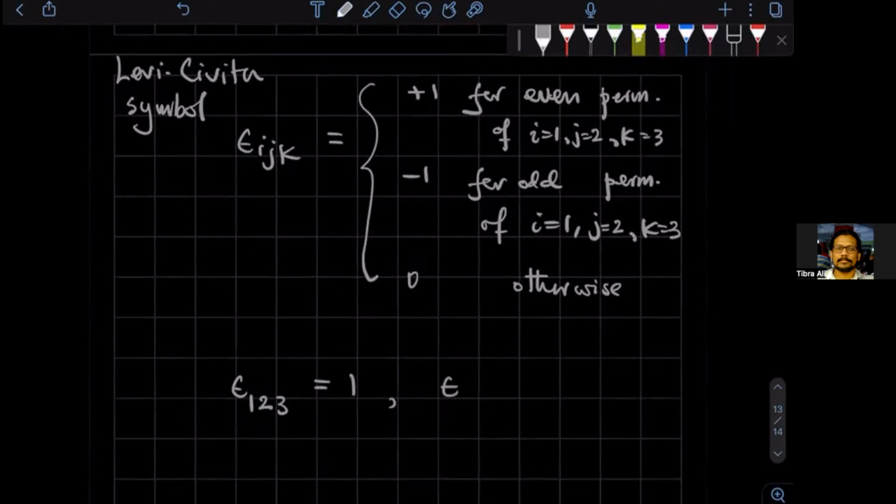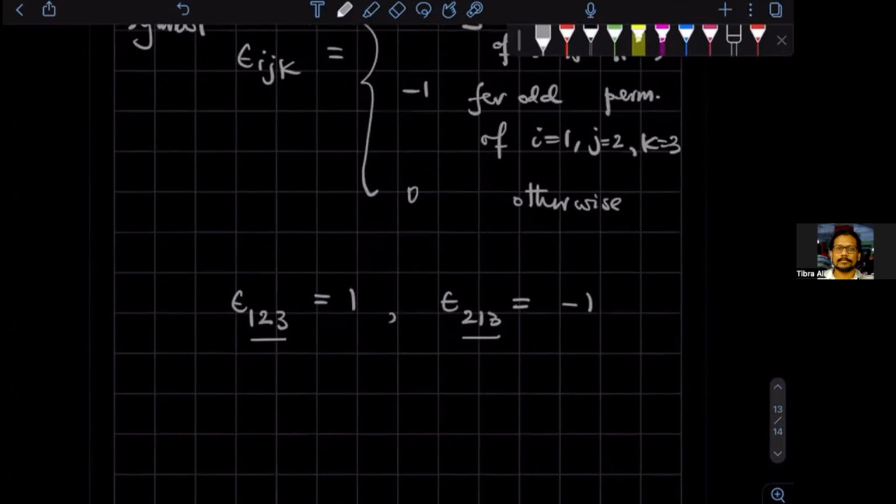Then epsilon, say 213, what would it be? How many permutations do we need to go from here to here? Just 1, right? So that would be -1. But if I write, say, 231, then I basically have to do 2 permutations.